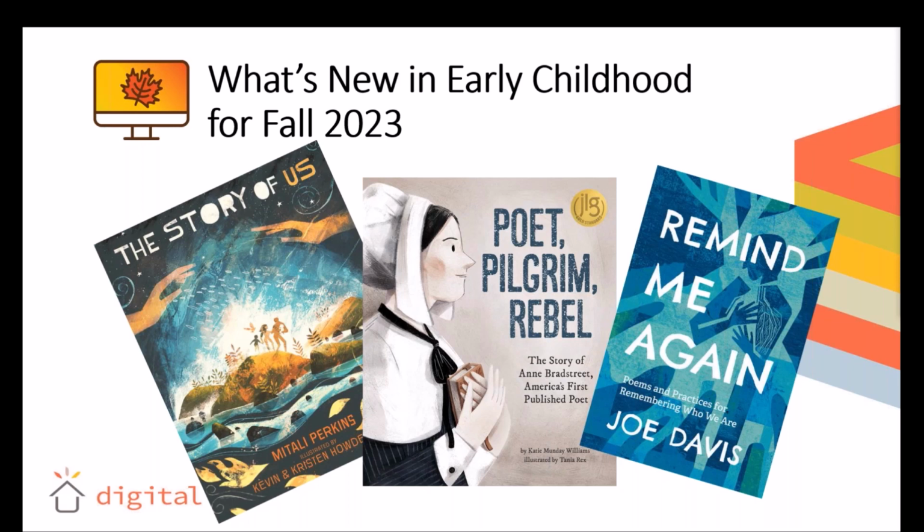And in fact, I just learned last week, soon to come out, there's a whole facilitator guide that's going to be connected to Remind Me Again. If you're not familiar with Joe Davis and his work, wow, he is just something else. We really are fortunate to have him in our stable of authors at Sparkhouse.